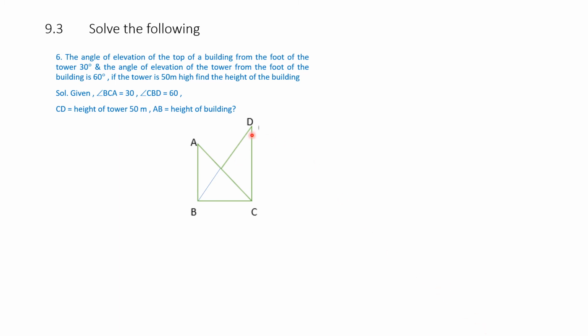The angle of the top of the building from the foot of the tower: DC is the tower and AB is the building. So, angle BCA is equal to 30 degrees, angle CBD is equal to 60 degrees. The height of the tower DC is given as 50 meters. So, we have to find out the height of the building.